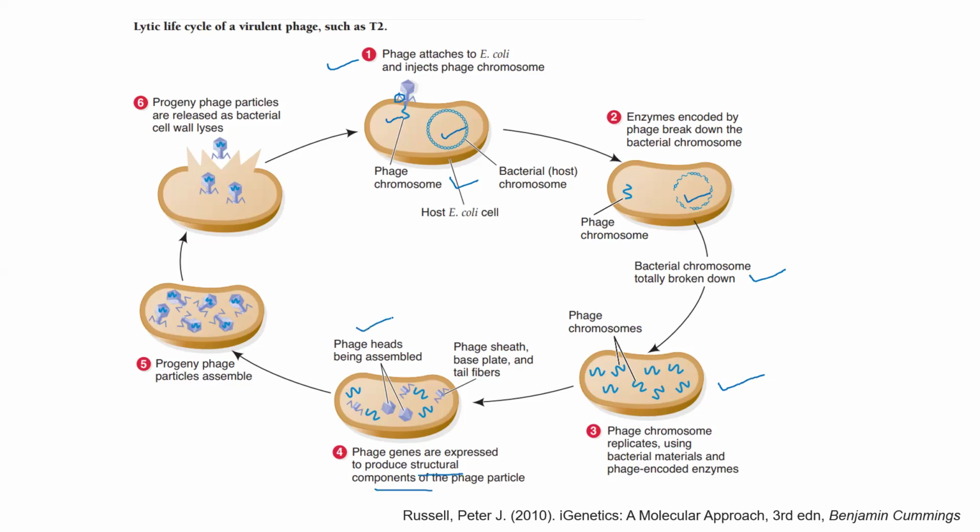The heads are made, they are assembled with the DNA, and tails, helical sheath, base plate, and tail fibers are made. The progeny particles are assembled, and then finally they kill the cell, cause cell lysis, and are released to infect other cells. This is how a lytic bacteriophage or a virulent bacteriophage reproduces.